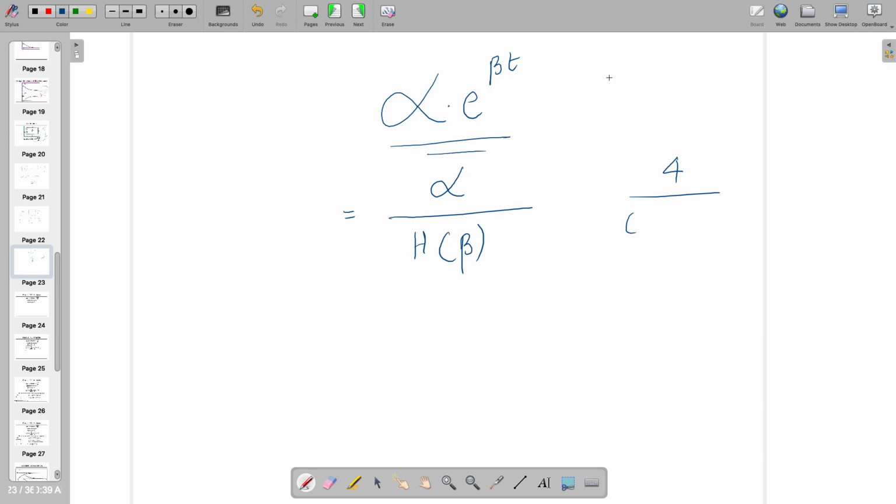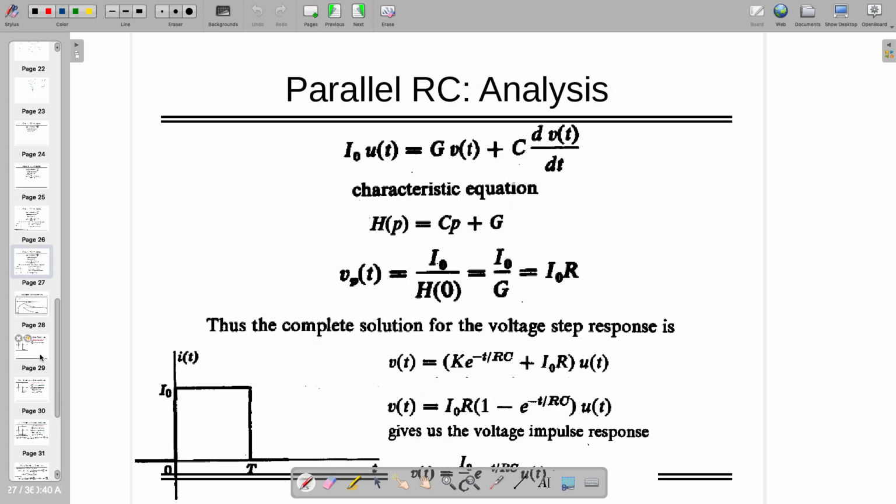If the differential equation is equal to 4, which is written on the board, then 4 is equal to 4 times e raised to 0t. So beta is 0 now. Here this is alpha, I0 R times e raised to 0t.